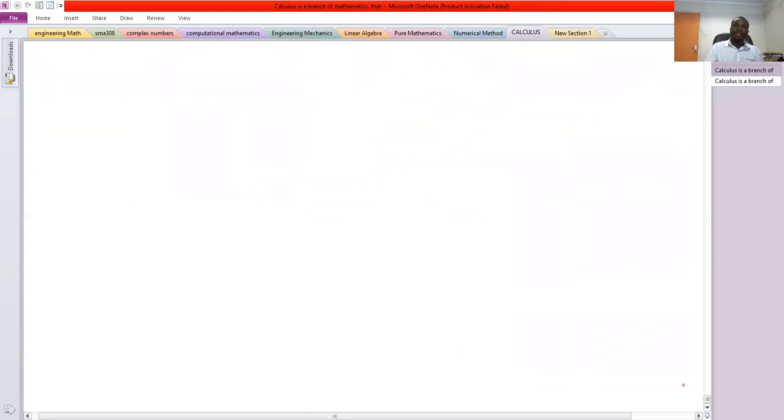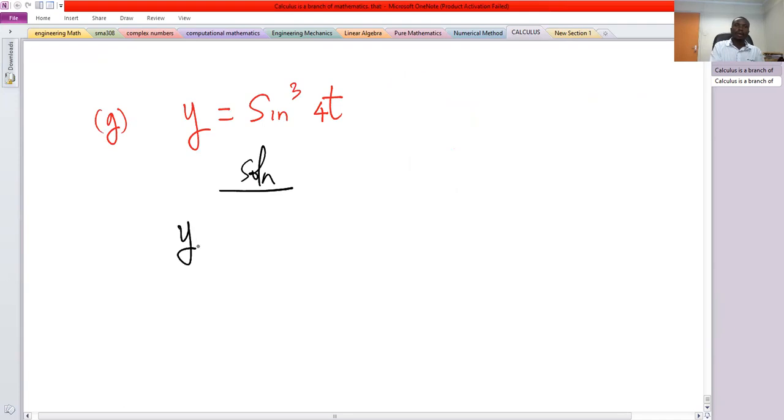And then G, assuming we had y equals to sine cubed of 4t. Now, to evaluate this, y equals to sine cubed of 4t, the same thing as writing sine of 4t raised power 3.